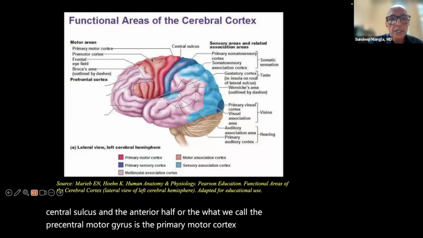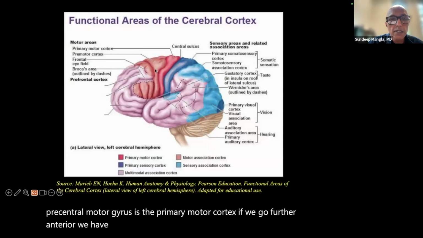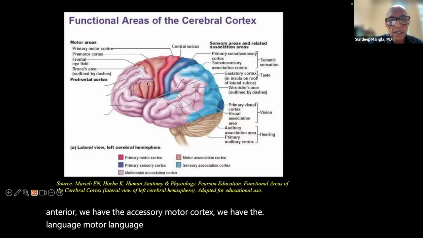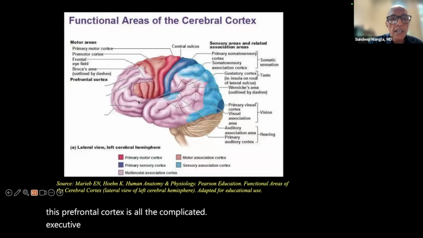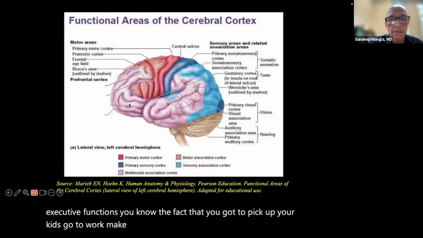If we go further anterior, we have the accessory motor cortex. We have the motor language cortex, or Broca's area, right? And then this prefrontal cortex is all the complicated executive functions. The fact that you got to pick up your kids, go to work, make breakfast, all that stuff gets done out here.